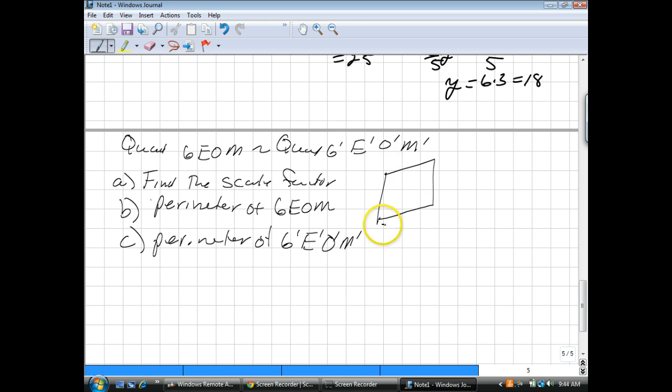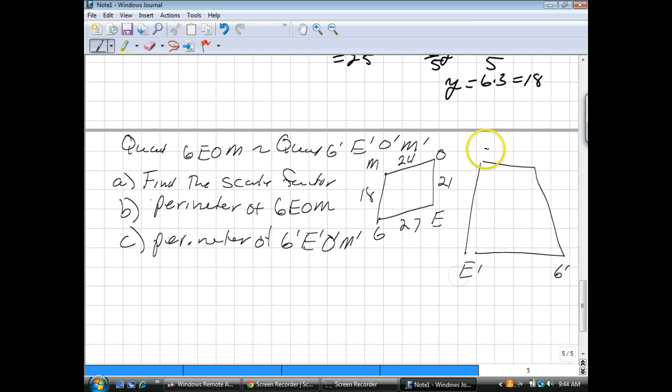So this is GEOM. This is 24, 21, 27, and 18. And then I have G prime, E prime, O prime, M prime, and this is 24.